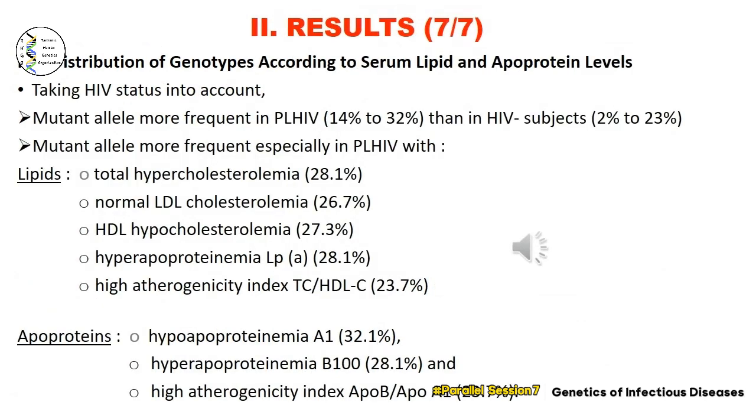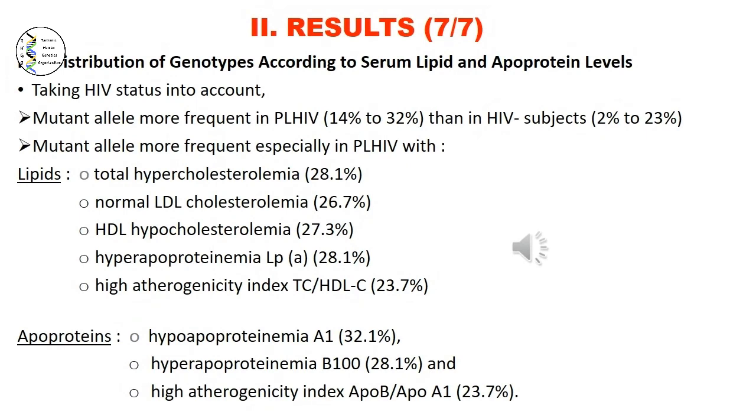Taking HIV status into account, the mutant allele was more frequent in persons living with HIV than in HIV-negative subjects. The values were respectively 40.32% and 2.23%.